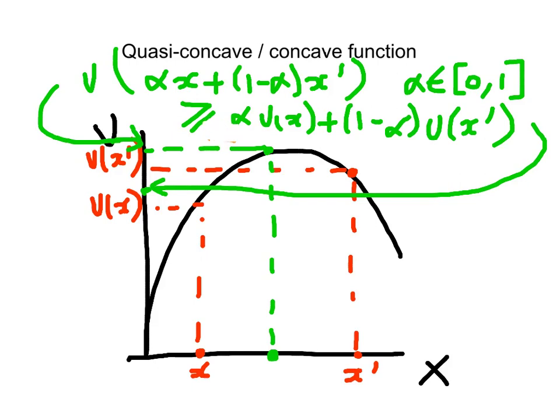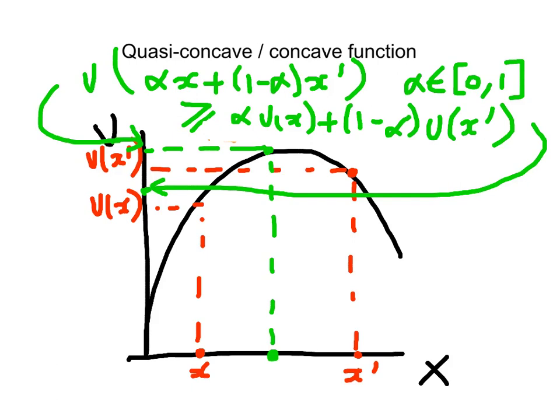So let me show you here another example of what a utility function might look like if it were quasi-concave but not concave. So all functions that are concave are also quasi-concave.